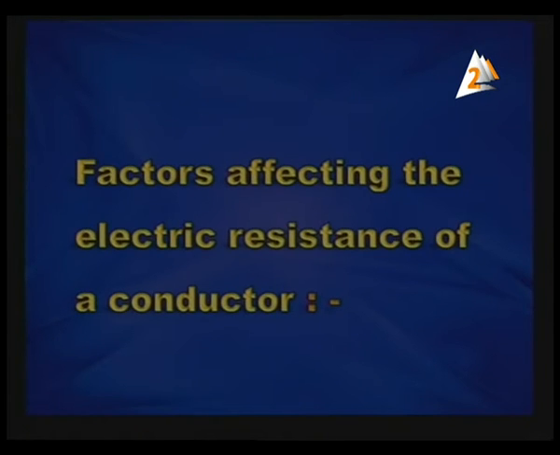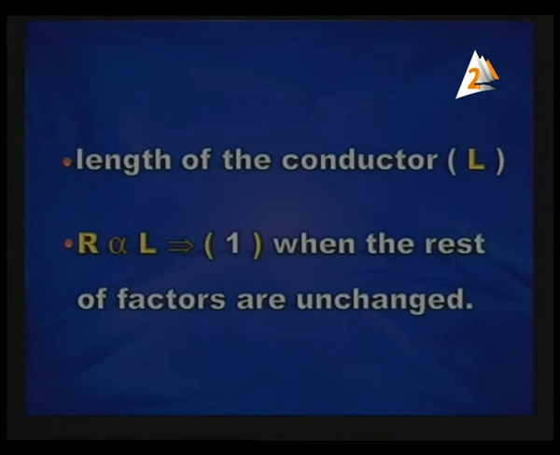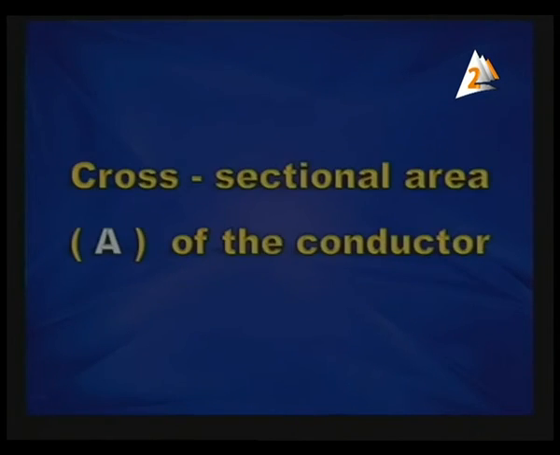And now talking about the factors affecting the electric resistance of a conductor. We've got 4 factors. First of all, it is the length of the wire. As a matter of fact, resistance increases as the length increases. So we've got a direct relation between resistance and length when the other factors are kept unchanged.